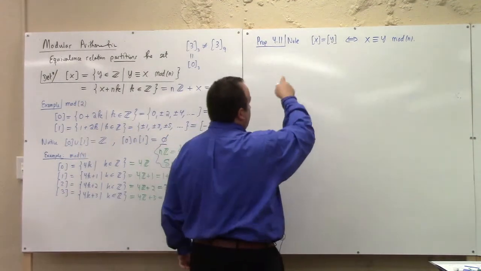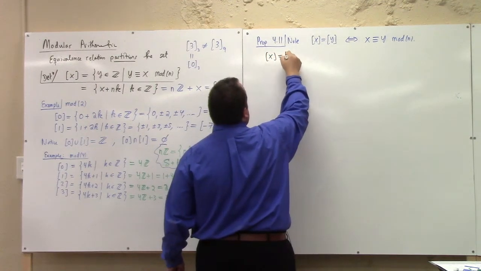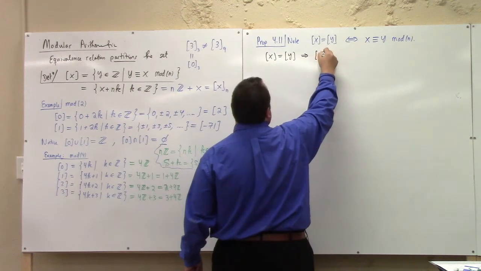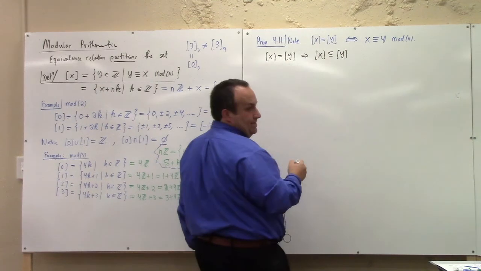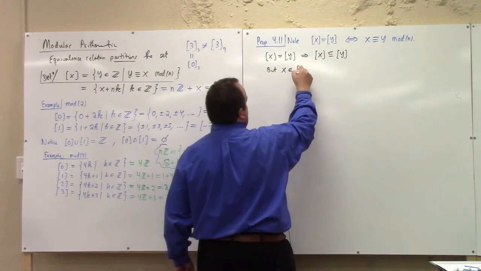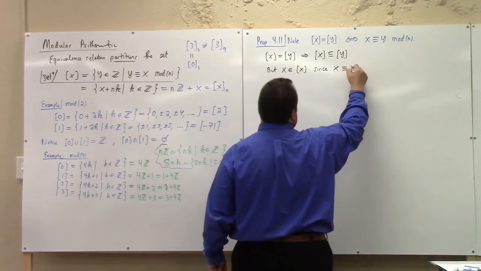So, I mean, here it is. If you have the equivalence class of x equal to that of y, what's that mean? That means that the equivalence class of x is a subset of the equivalence class of y, right? But x is an element of the equivalence class of x since x is congruent to x, right?